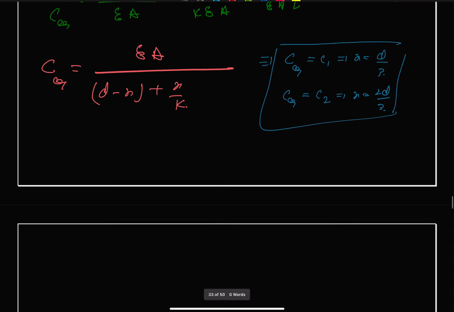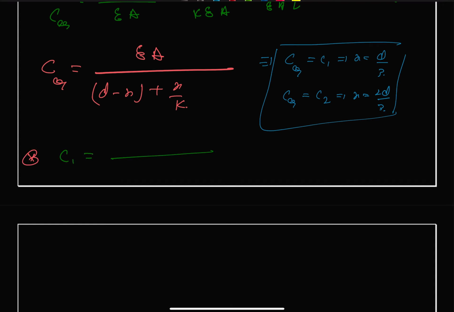So in the first case, we get this as C1. C1 will be equal to epsilon naught A upon 2D by 3 plus, with the value of X equal to D by 3, D by 3K.